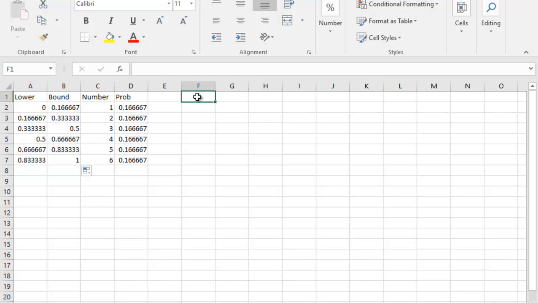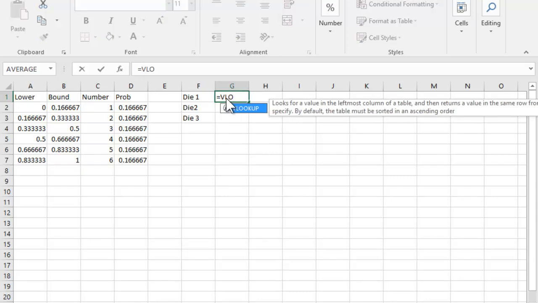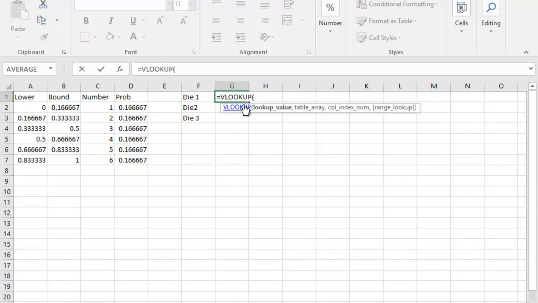Now let's generate some dice. So there are going to be 3 of them. I'll call them die 1, 2, and 3. And here is how I want to build it with another VLOOKUP command.